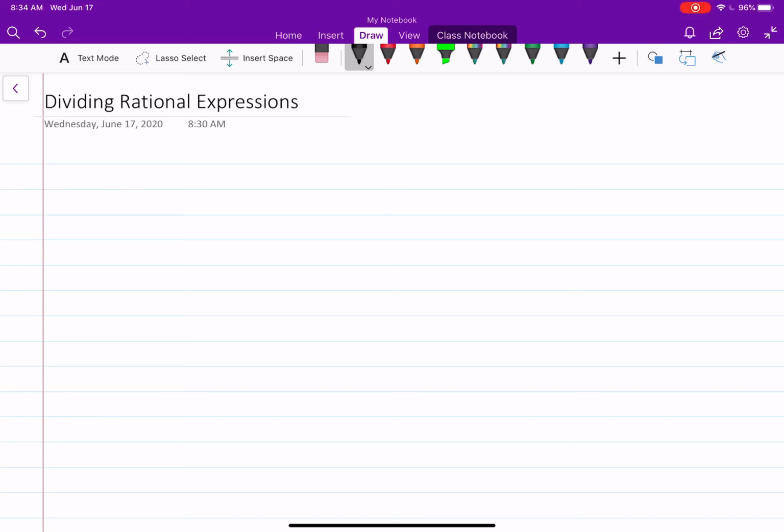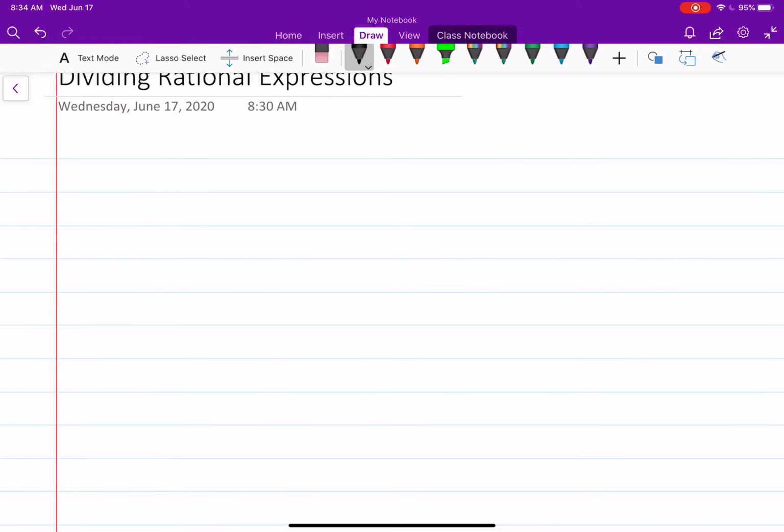All right. We are talking about dividing rational expressions. So dividing fractions, you've done this before, right? The concept about dividing fractions. For example, if I had 1/2 divided by 3/2, what do you do?